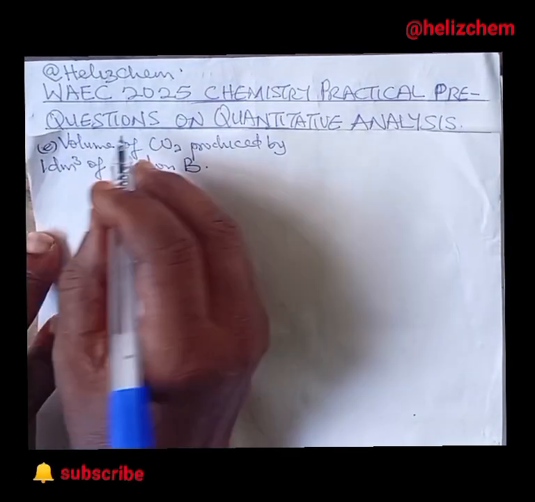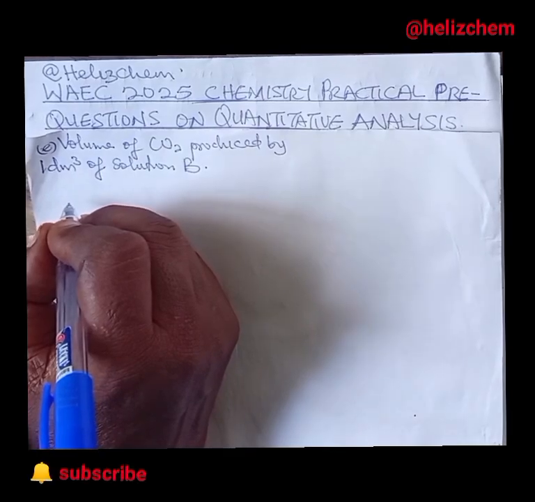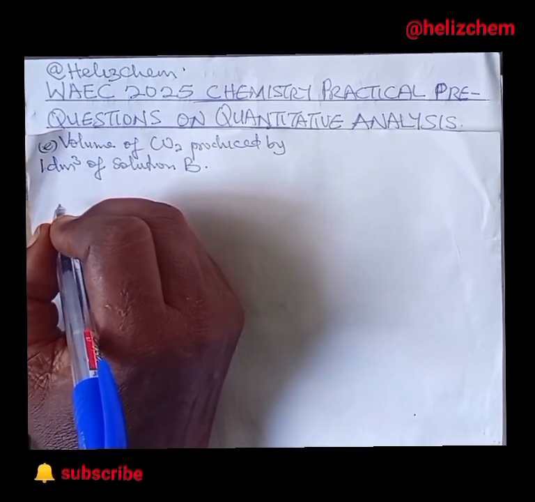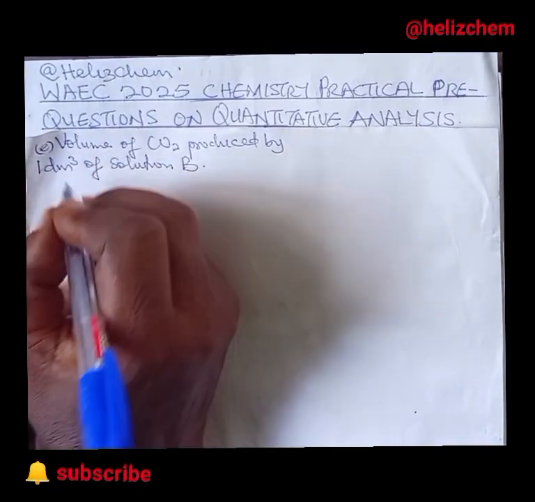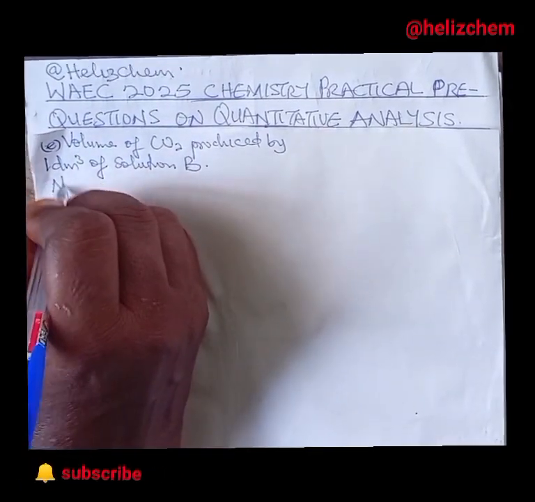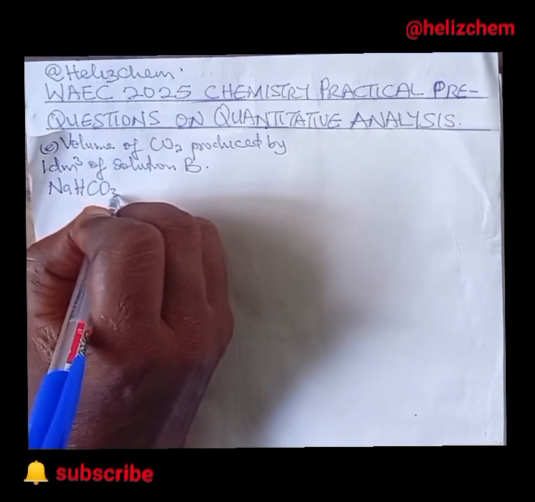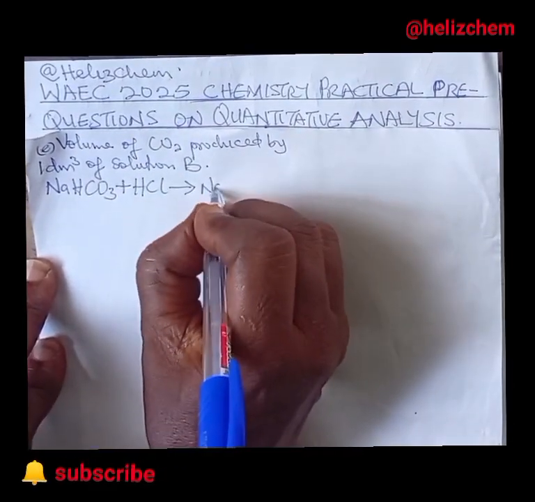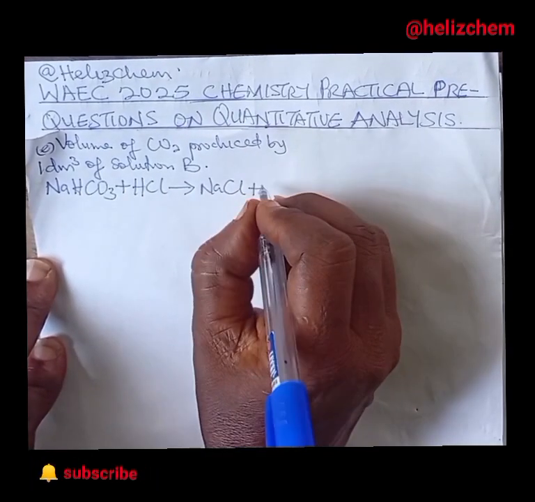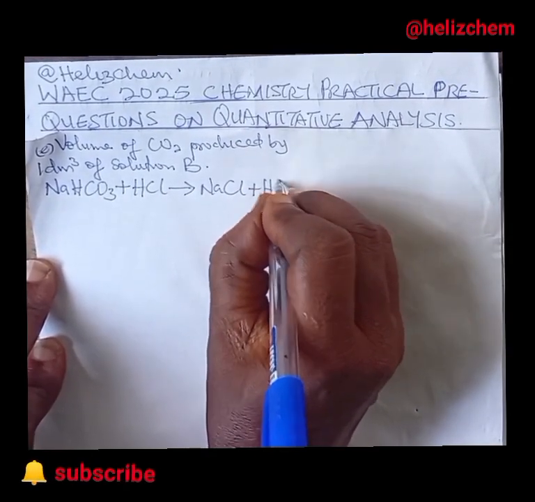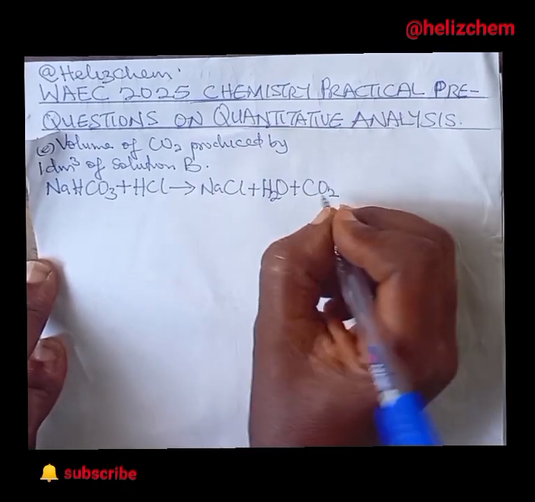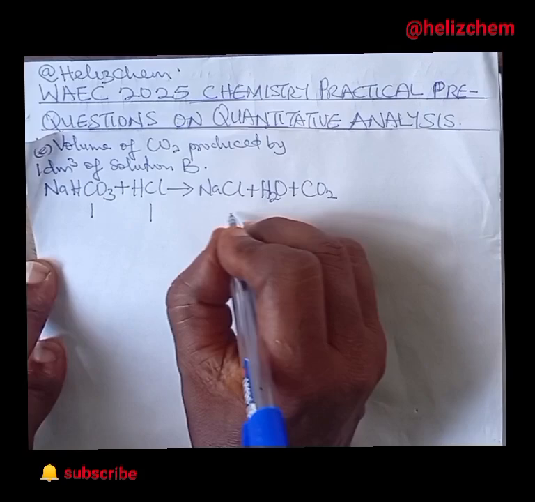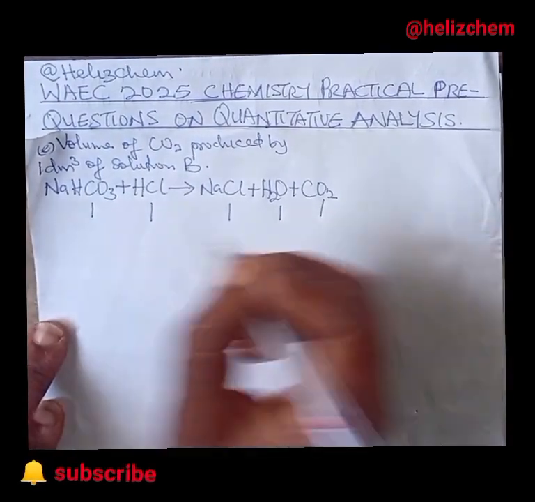You want to recall that from the equation, 1 mole of sodium hydrogen carbonate produced 1 mole of CO2. This is the equation. If you have forgotten, this is it. Sodium chloride plus H2O plus CO2. So this is ratio 1 to 1 to 1 to 1 to 1.